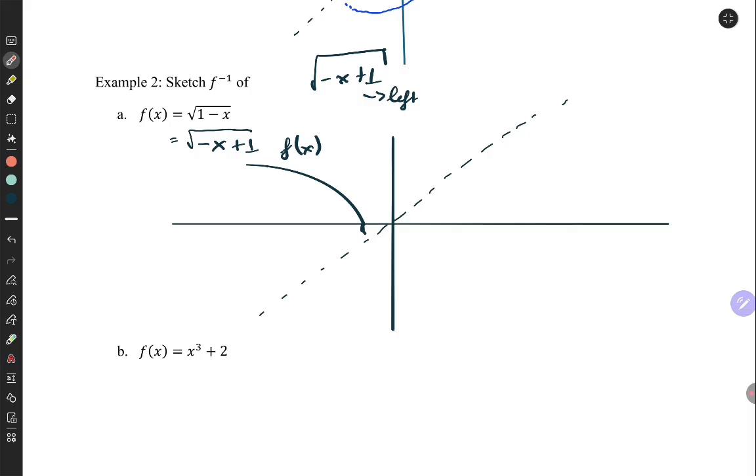Reflection of that one. Minus 1 here, for sure I will stack at minus 1 down there.